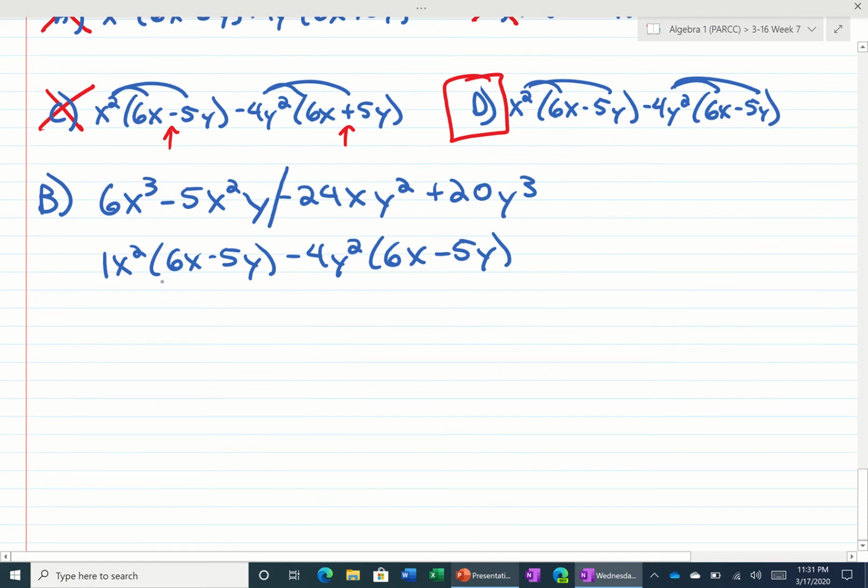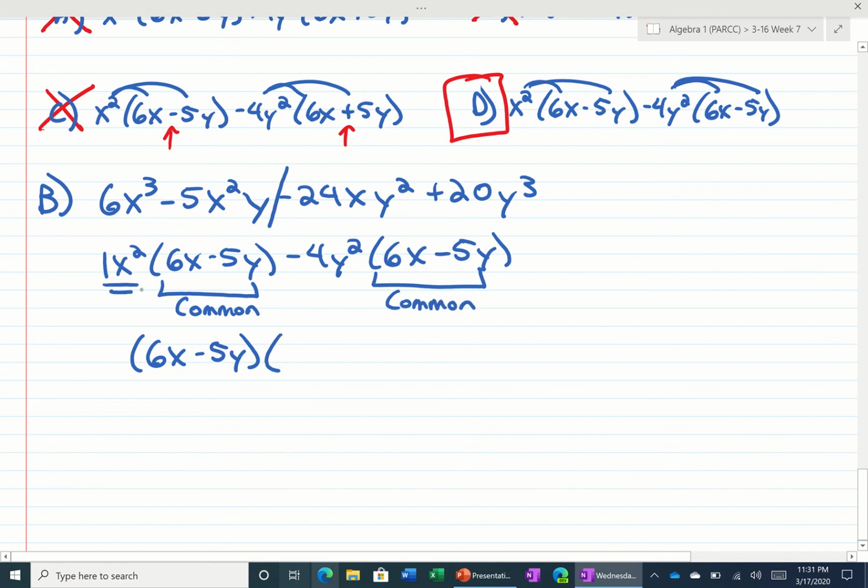You see how these are in common? If they're in common, what we could do is actually factor those out. So what our final answer would look like is 6x minus 5y, that's what's in common, times what's left over.